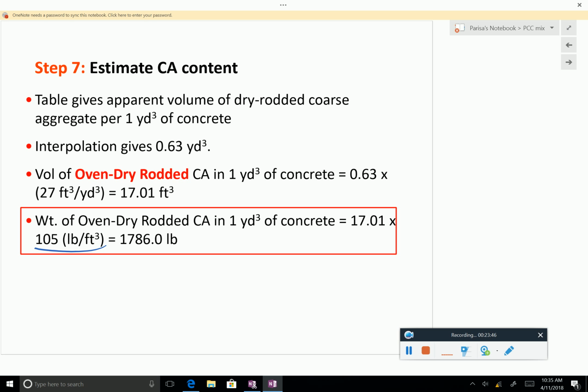Given this information is in this packet. And then you just calculate the weight of the material. Remember that this is oven dry. And now we have to calculate it at the air dry and SSD. If you have that information, you should do. You have the moisture content and you have the absorption. So kind of what you learned in aggregates, now you have to put into practice.